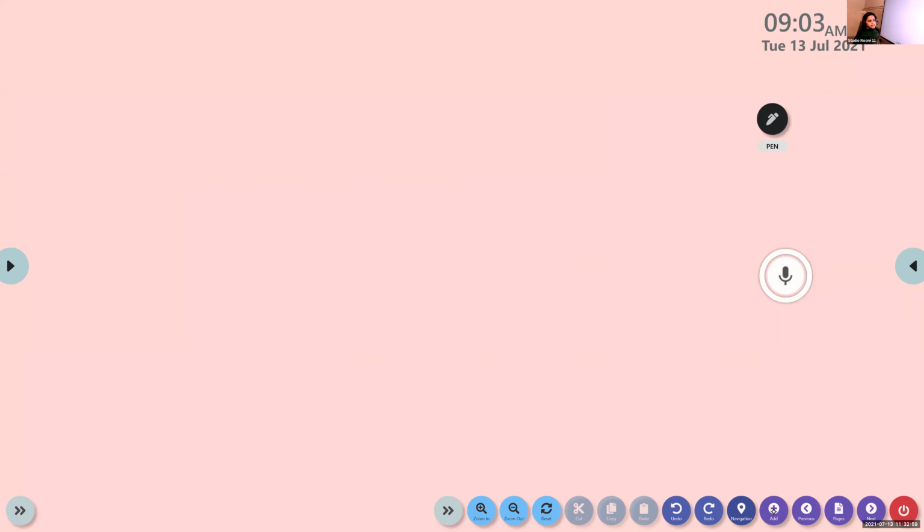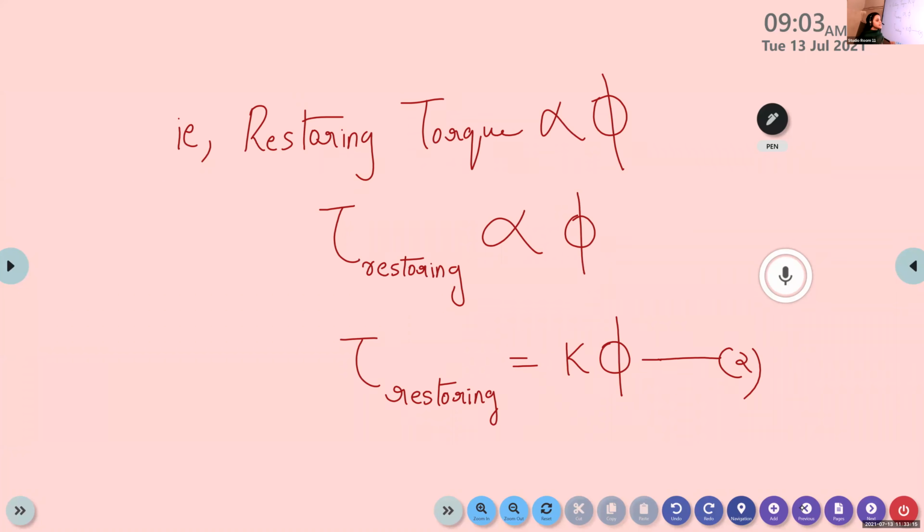Ma'am, can you tell me again how the restoring torque retwists it? A spiral spring is attached to the bottom of the rectangular coil, and that spiral spring produces a restoring torque.